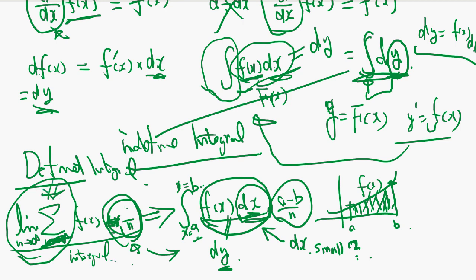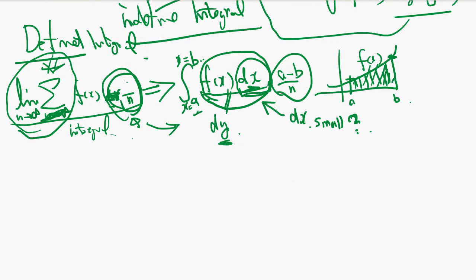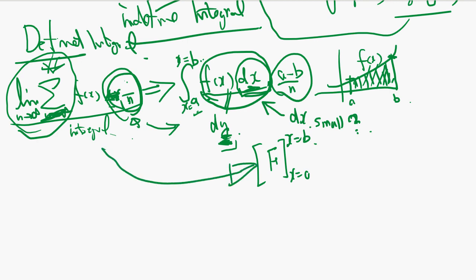Because for most functions, not all functions, but most functions, you can find the indefinite integral function and plug in x equal a and x equal b, then you get this answer. That's why, and I said most of the functions.